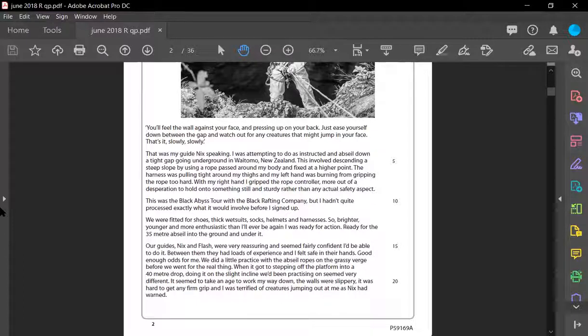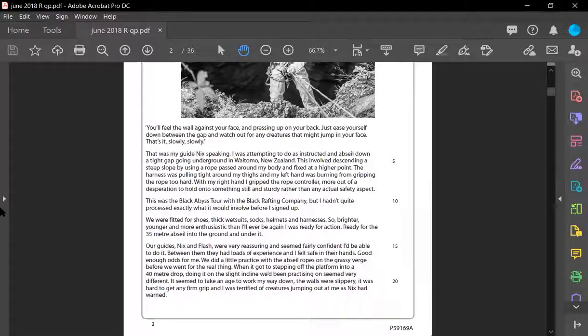When it got to stepping off the platform into a 40-meter drop, doing it on the slight incline we'd been practicing on seemed very different.